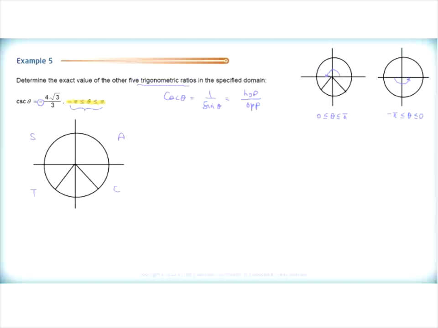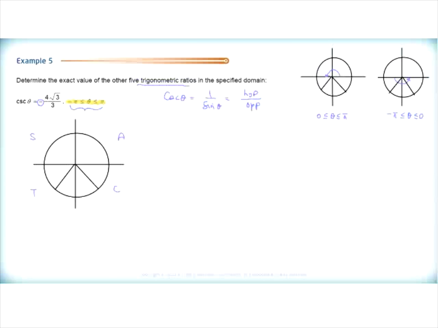Between 0 and pi, your terminal arms don't exist within that restricted domain. However, it does exist in this restricted domain. So I do need to consider both quadrants here where cosecant is negative, because cosecant is negative in both of those quadrants. So we do need to consider both terminal arms.